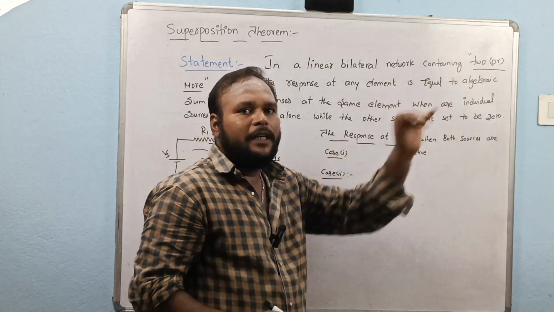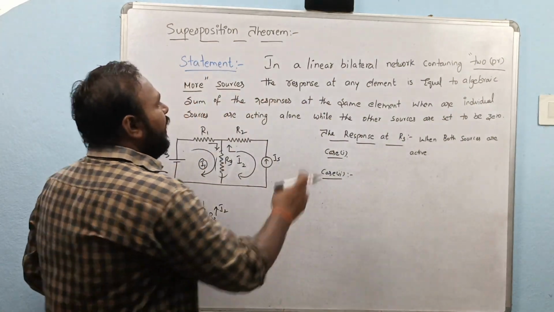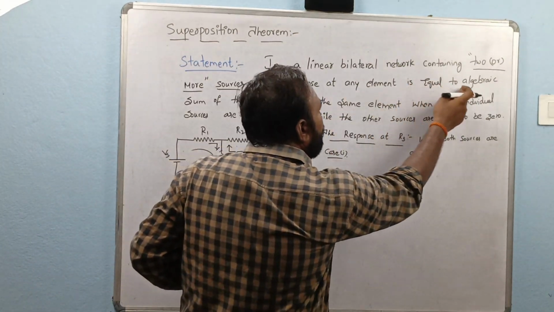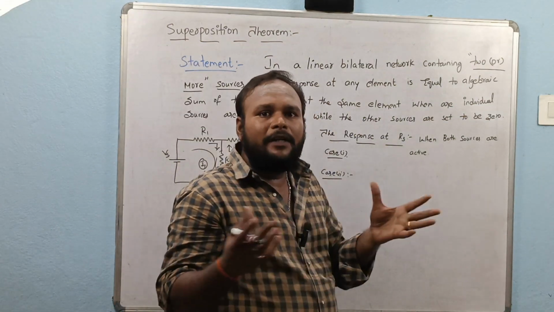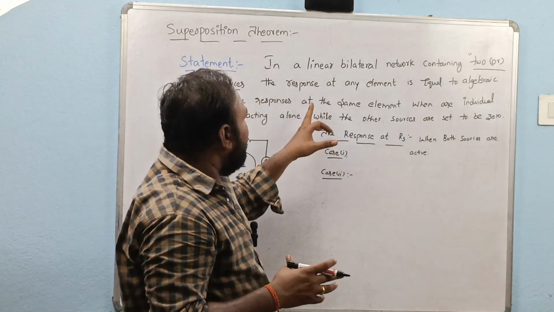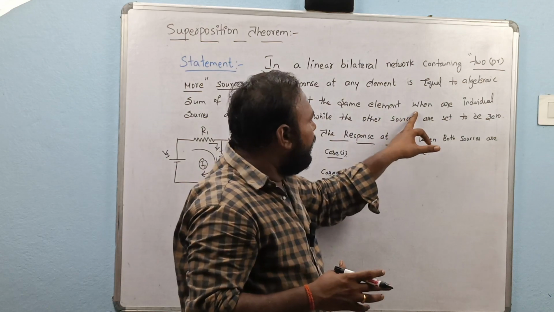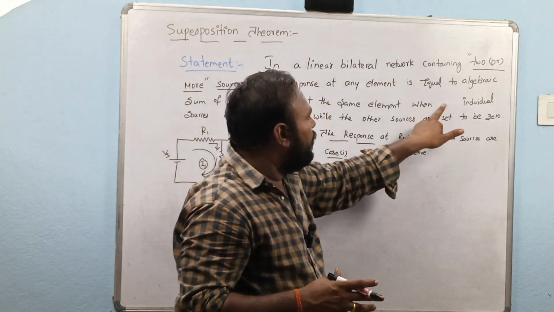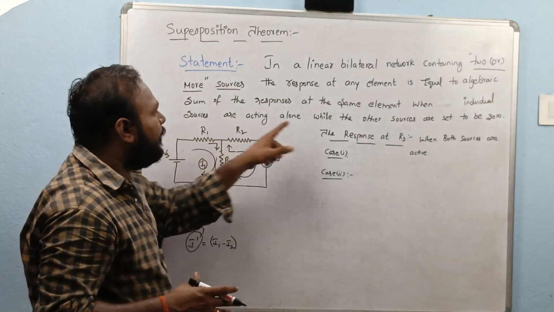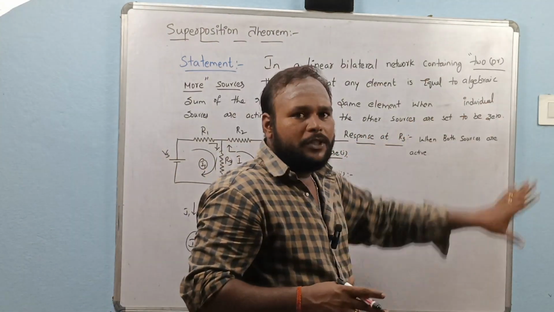Let us go to the remaining part of the statement. Any element is equal to the algebraic sum of the responses at the same element when individual sources are acting alone while the other sources are set to 0.